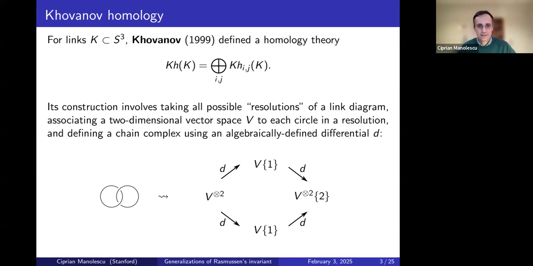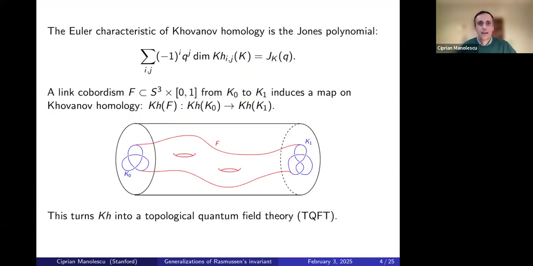Okay, so that's a knot invariant that has been very popular in the last 2 decades. It refines the Jones polynomial in the sense that the Euler characteristic taken with respect to one of the gradings gives you the Jones polynomial when you keep track of the other grading as a power of q.